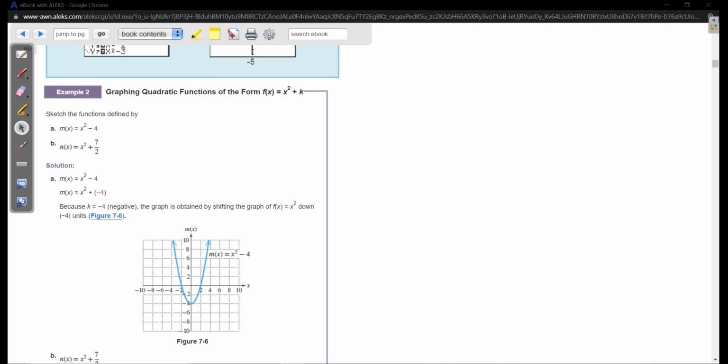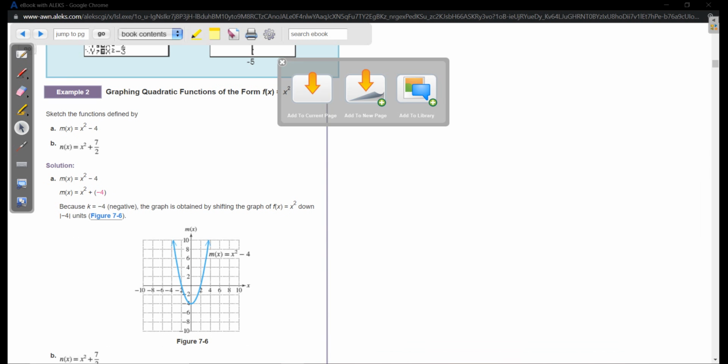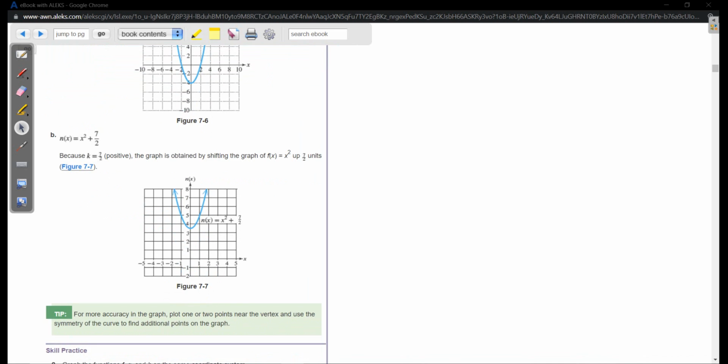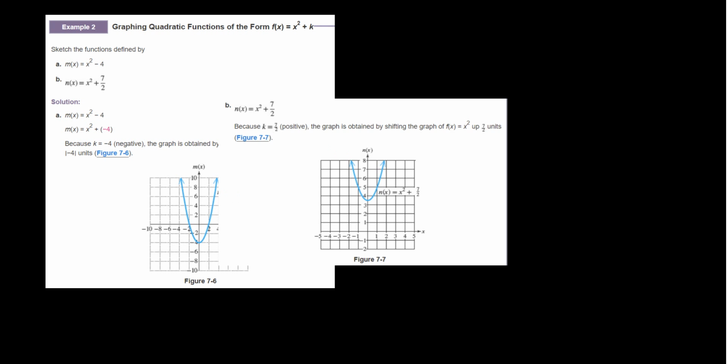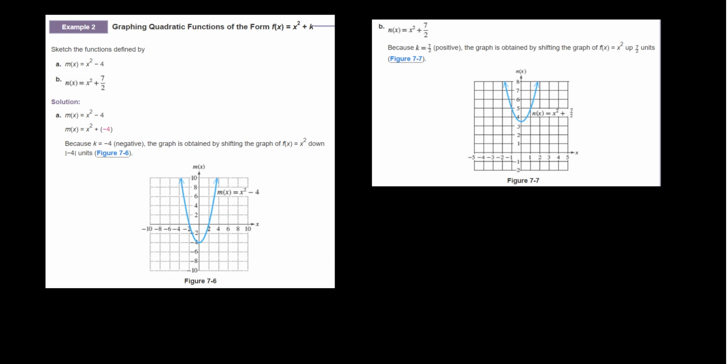All right, and kind of in the same vein, let's look at this one. Okay, so it wants us to sketch these functions: x squared minus 4, and x squared plus 7 halves.